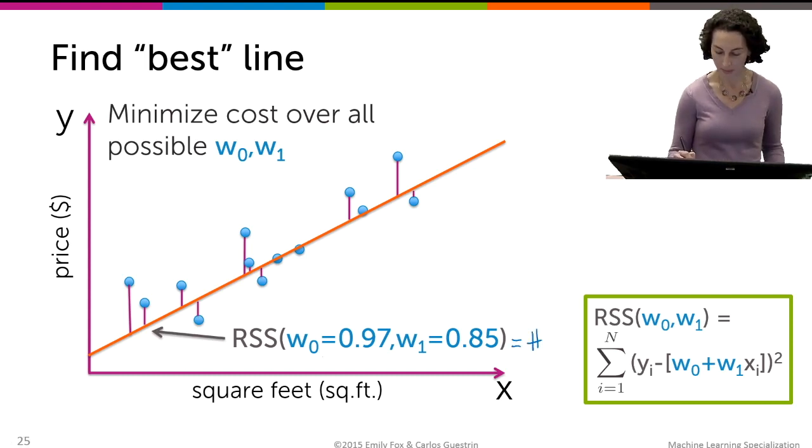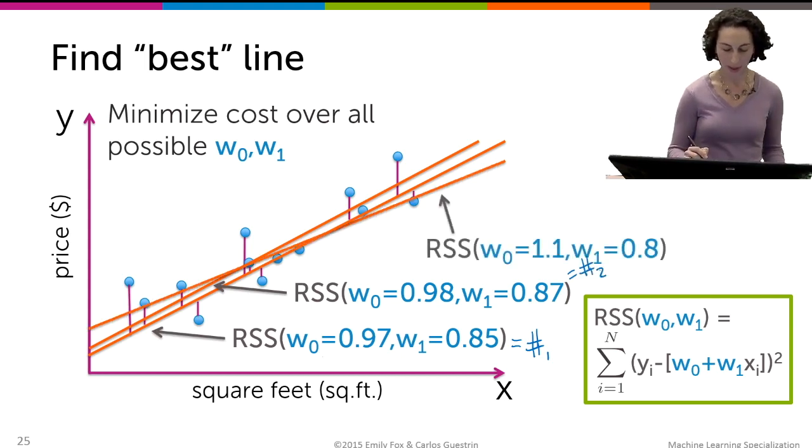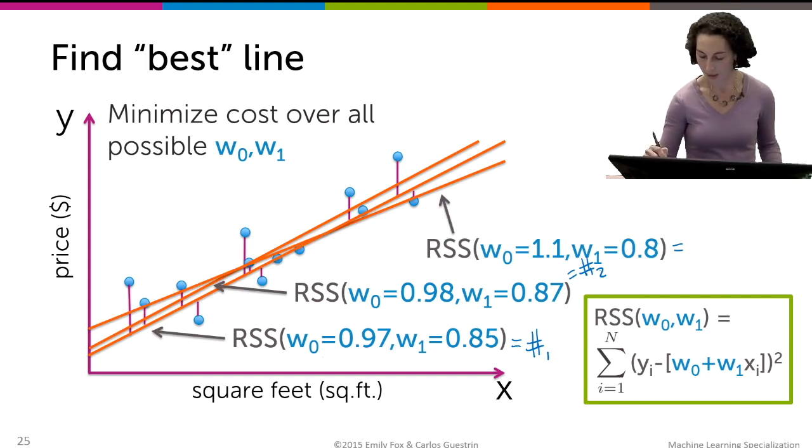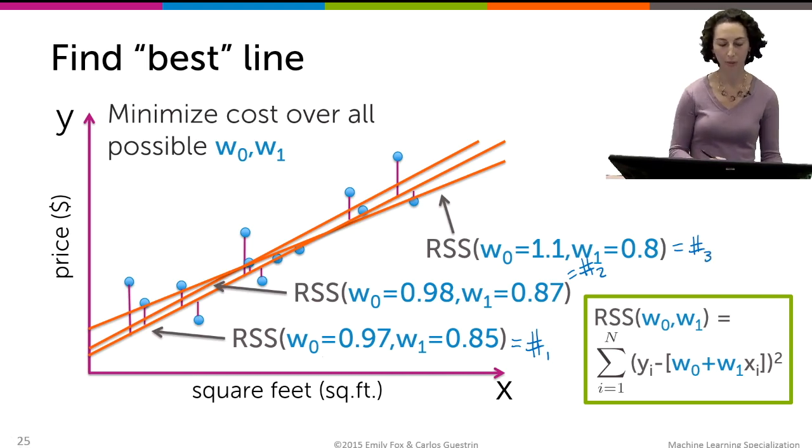So let's call it just number 1. And then if I give you a different line, specified by a different intercept and a different slope, that's going to result in a different cost. So I'll just say that's some other number. And then this other line with different parameters has some other number associated with its cost as well.